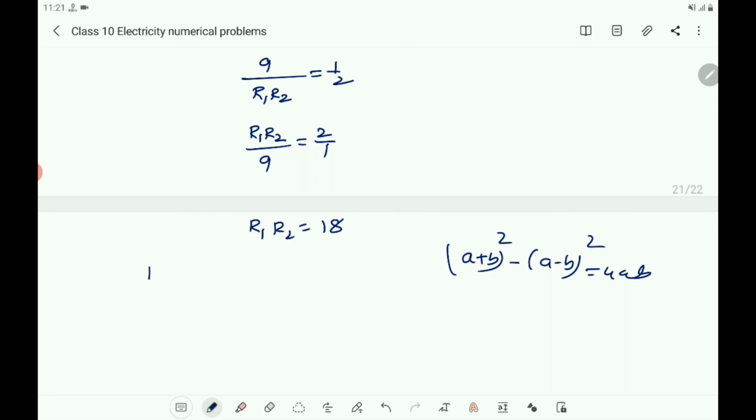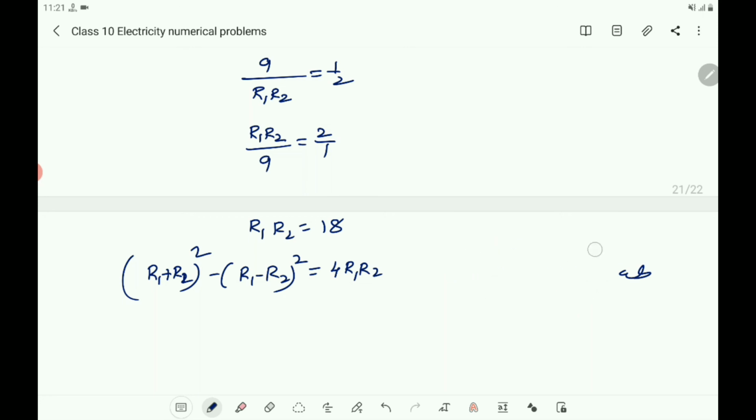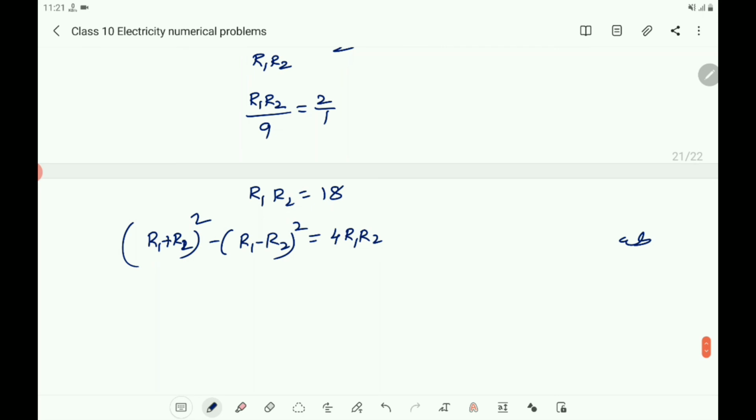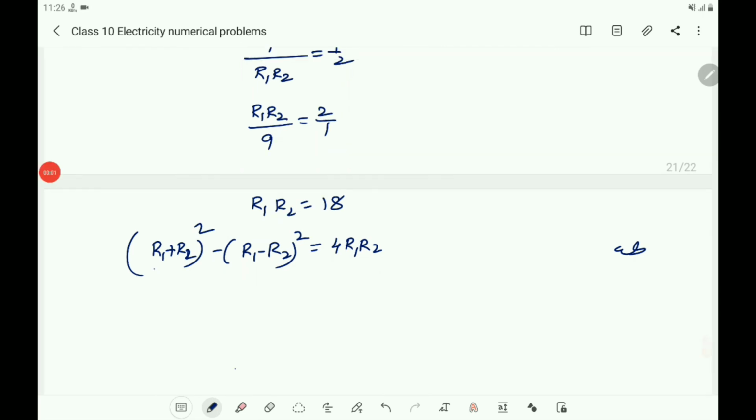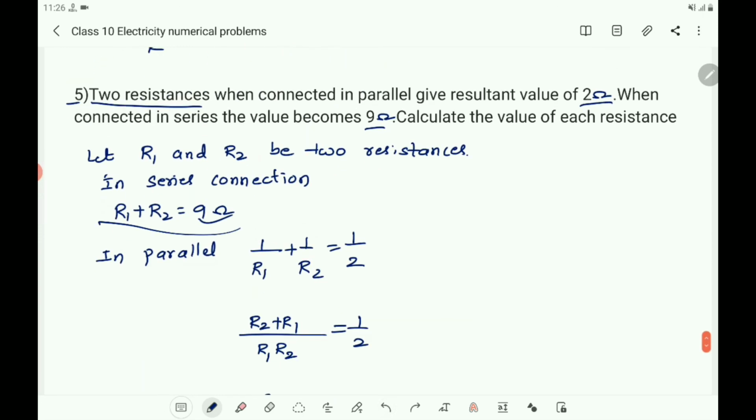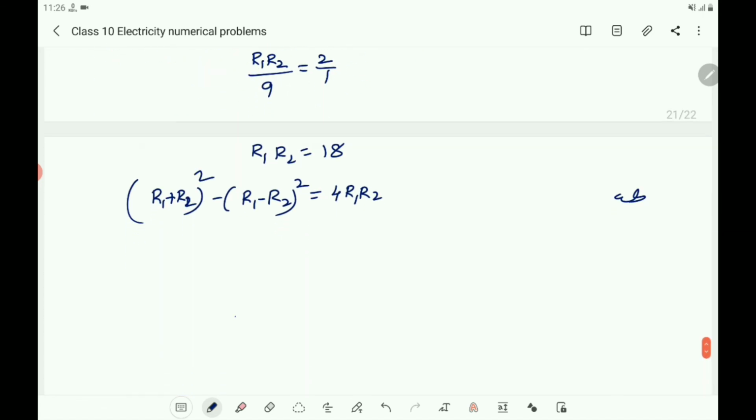So the same relation can be used here. (R1 plus R2) whole square minus (R1 minus R2) whole square equals 4 R1 R2. You know the value of R1 plus R2, you got it already, it is 9. So you write 9 square minus (R1 minus R2) whole square equals 4 into R1 R2, which is 18.